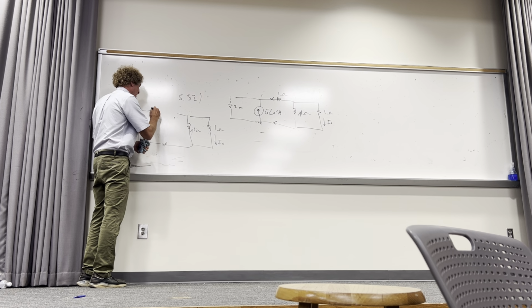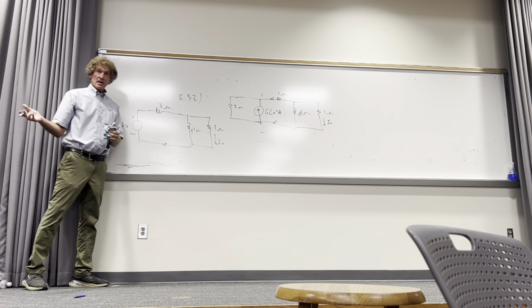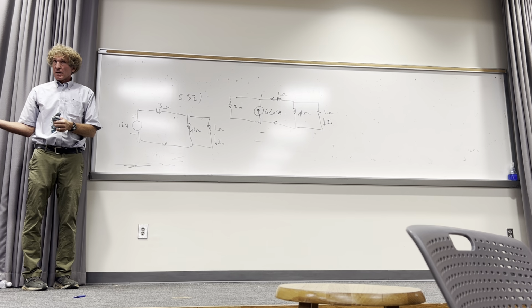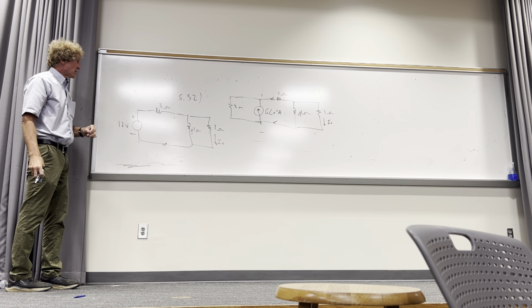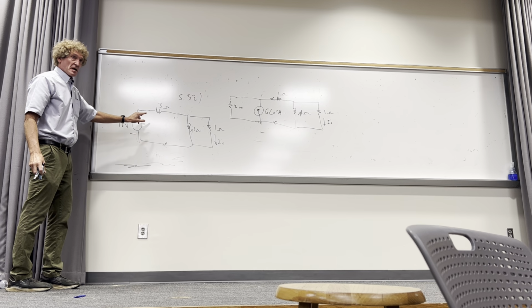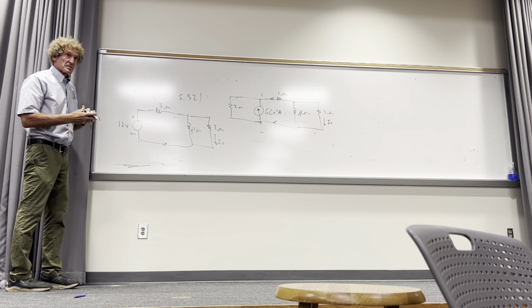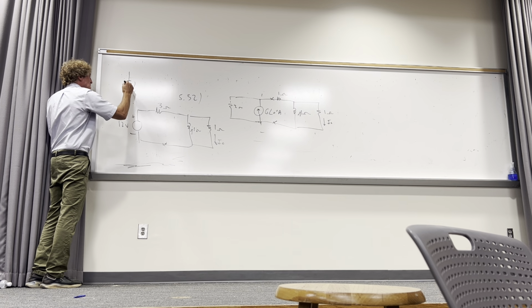Alright? You agree with that? We could go one step further. We could go back to a current source in parallel with resistors. I have 12 volts in series with 3 ohms. Well, 12 by 3 is 4 amps.